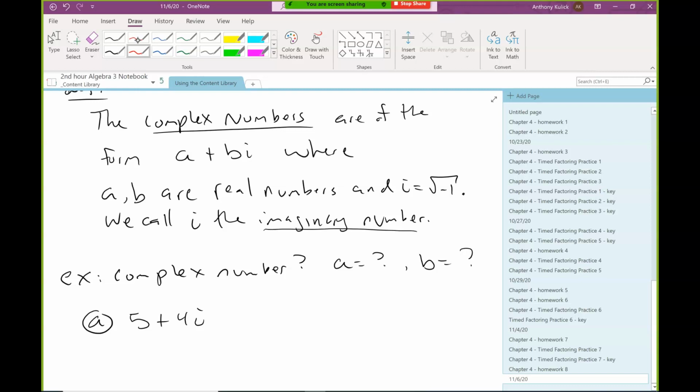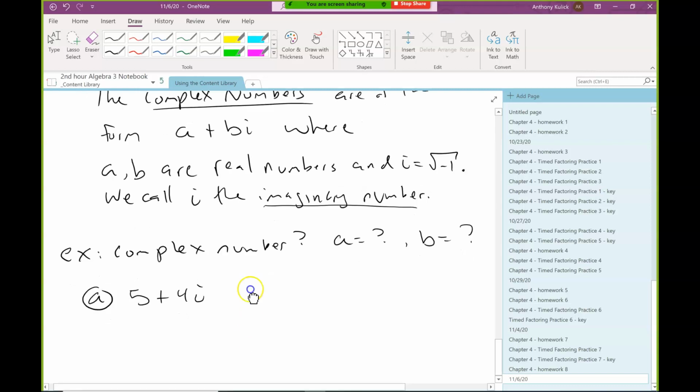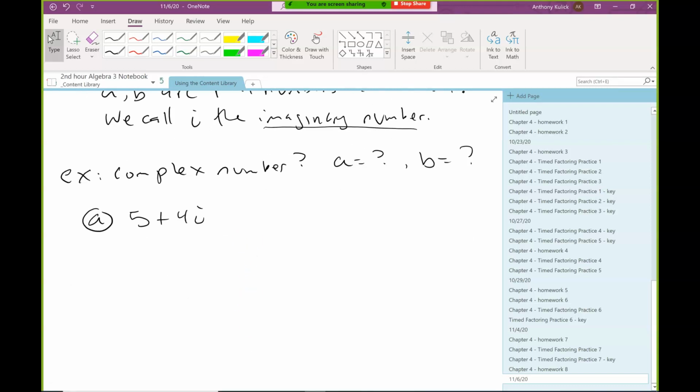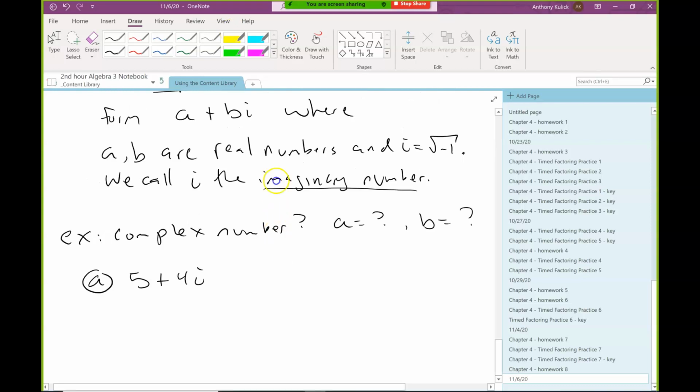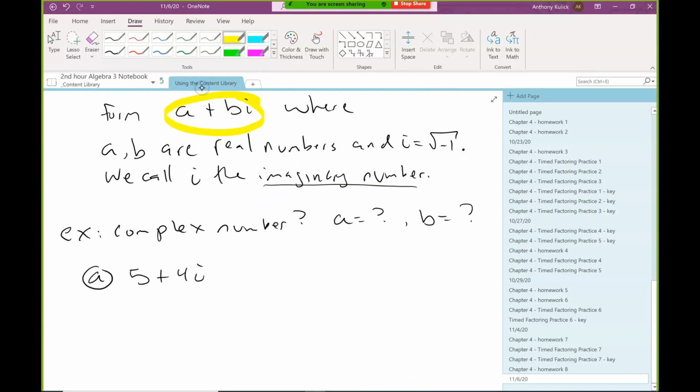Yes. Again, to be a complex number, it has to fit that form, right? So this is a complex number. What's the value for a? And what's the value for b?